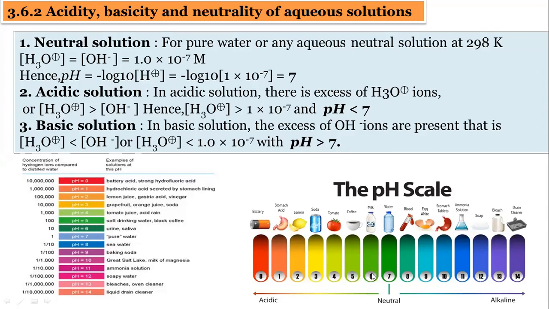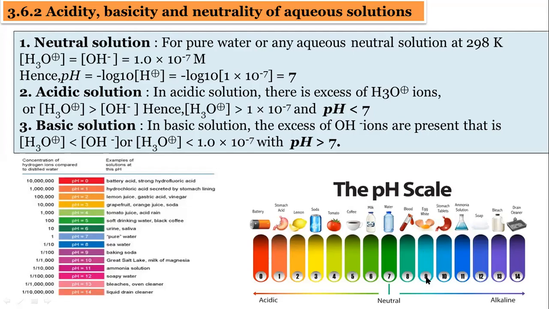Then milk is having the pH 6, water is 7, and then pH below 7 means acidic solutions. This is strong acidic, and this is neutral, and the basicity will increase from pH 8 to 14. So blood having the pH 8, then the liquid which is present in eggs, if you take the pH, it will be 9.